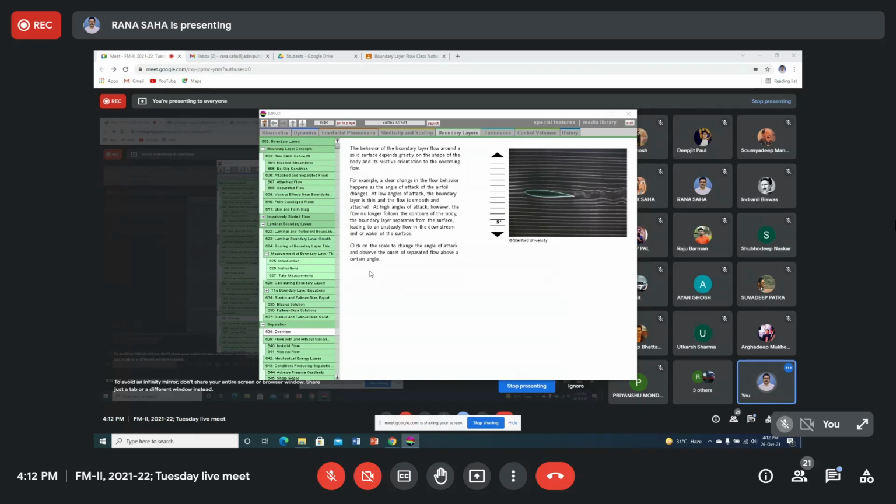Then the separation of the boundary layer and the cross section, that is, the airfoil structure and airfoil design for aerodynamics.